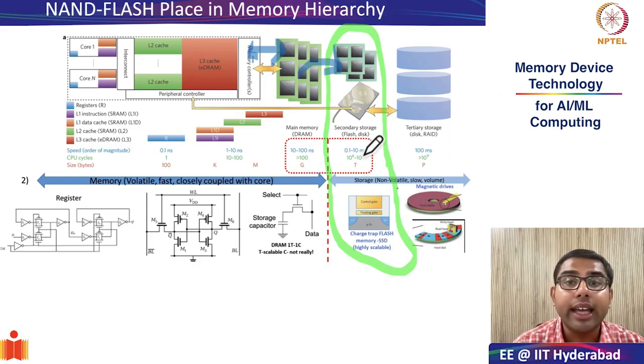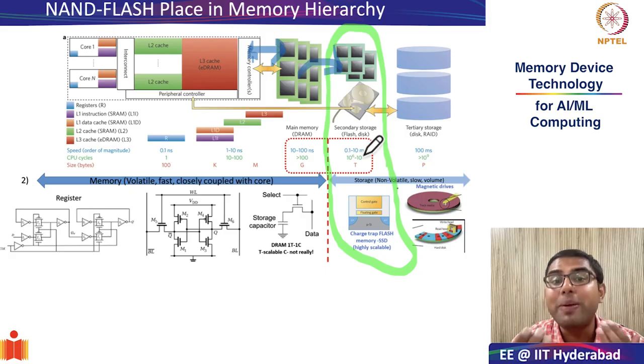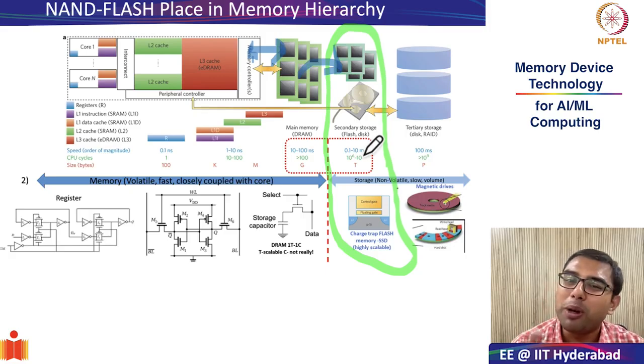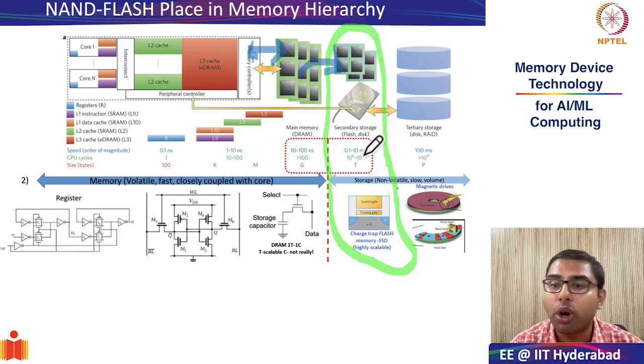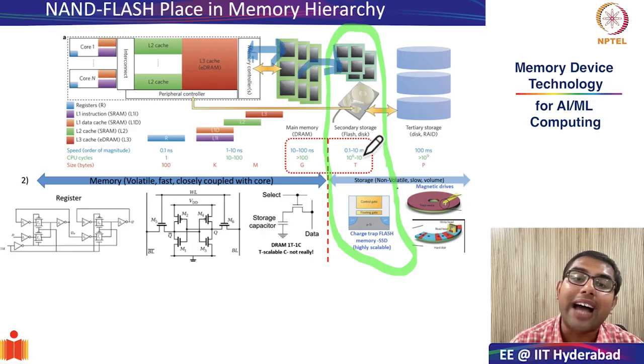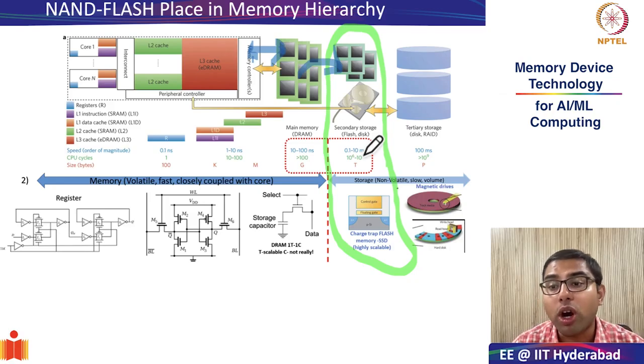Now we will study what is the staple mainstay of storage systems, which is the NAND flash. A very important thing to notice is that this mismatch in latency causes big problems in bandwidth mismatch also. And this bottleneck is often known as the IO bottleneck. And this IO bottleneck becomes a very serious concern, especially for data-driven computing like AI/ML computing.